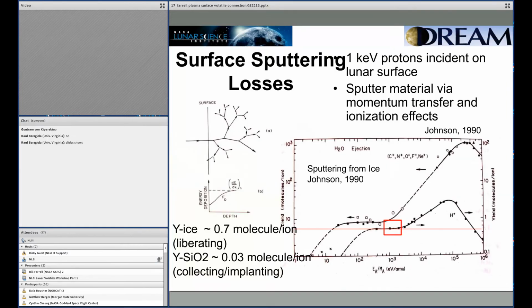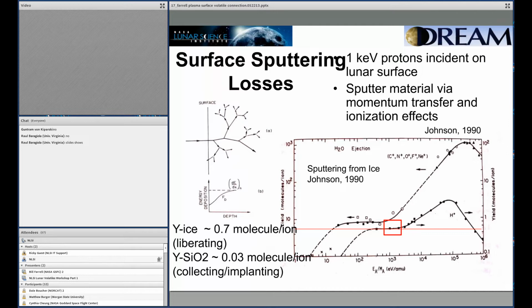Next slide. Now, prior to 2009, if you thought about plasmas, you would have thought of them as a surface loss process, and that really has a lot to do with our previous work with the icy moons at Jupiter and Saturn, where sputtering is really strong.